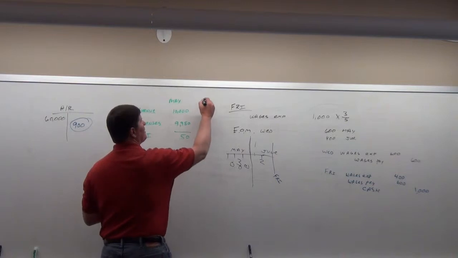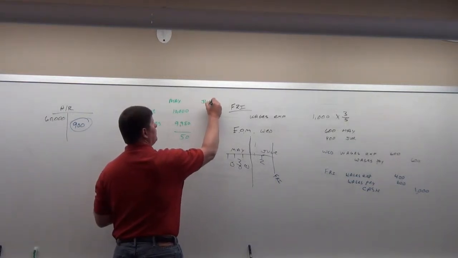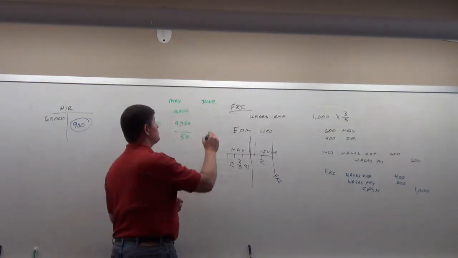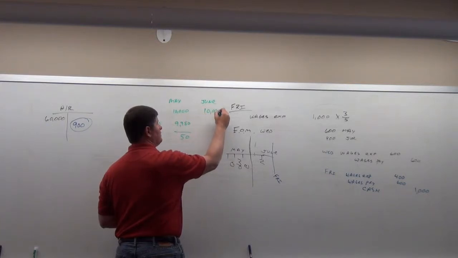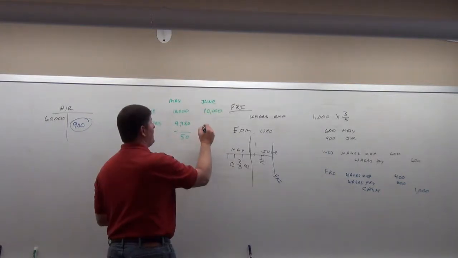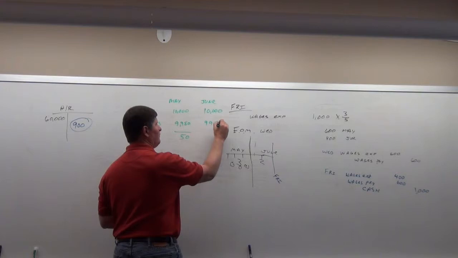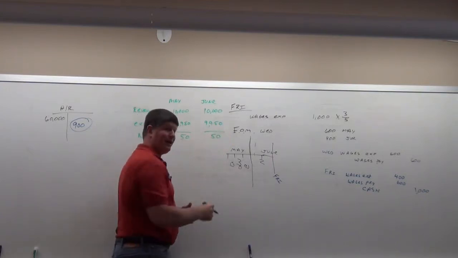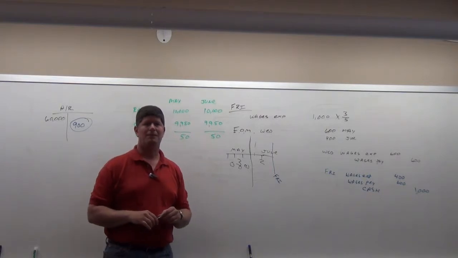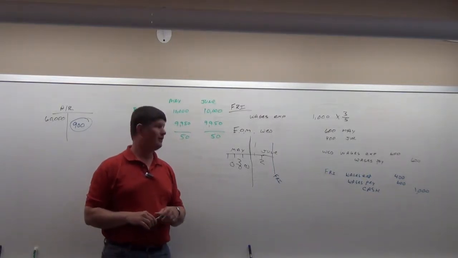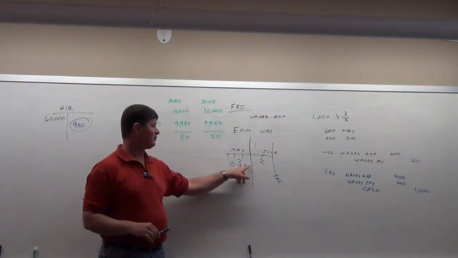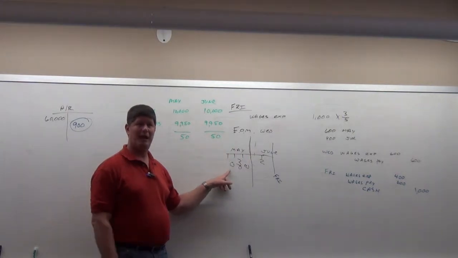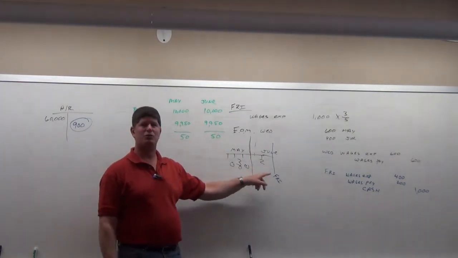So by doing that, let's say we go to June. And the same thing happens. We have $10,000 in sales. Okay? And we have $9,950 in expenses. Again, I go, hey, look, we made $50. Did I really make $50? Well, I've taken these 3 days in May and recorded them as an expense in June.